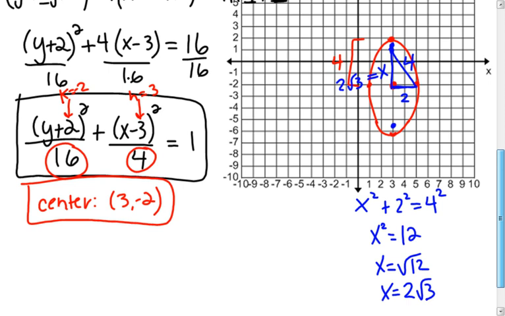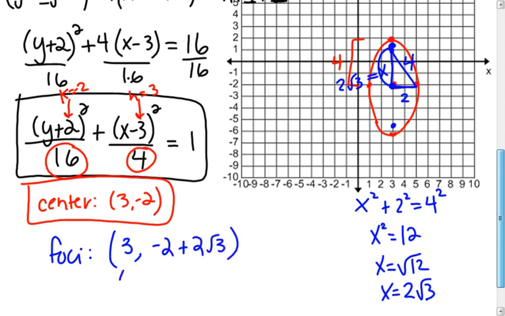So here we go, your foci. So this foci up here, your x value of that foci, of course, is 3, because you're 3 to the right. And then your y value, your center started right here at negative 2, but then you went 2 root 3 up from that. So you'll go negative 2 plus 2 root 3.